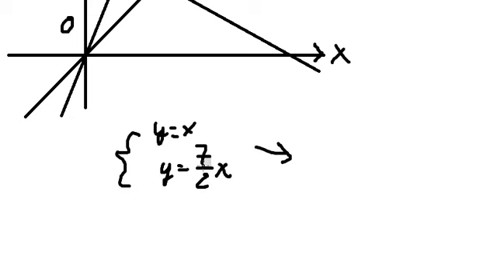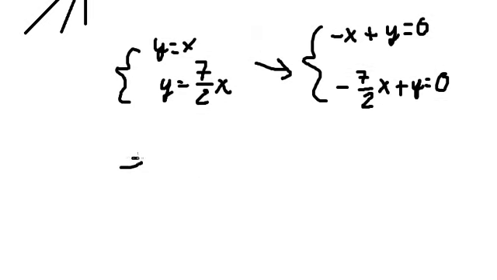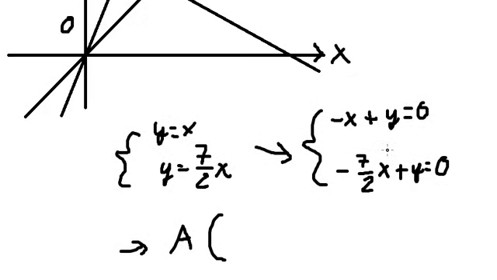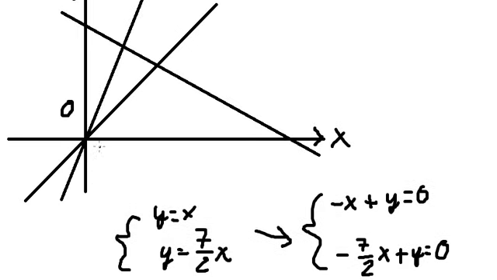We put x and 7 over 2 x on the left, and now we have like this. So this one I will call A, and the solution of the system of equations is 0, 0. So point A, that's it in here.